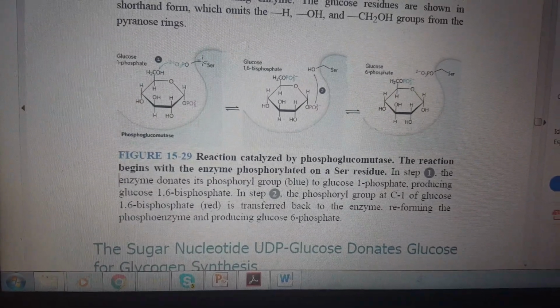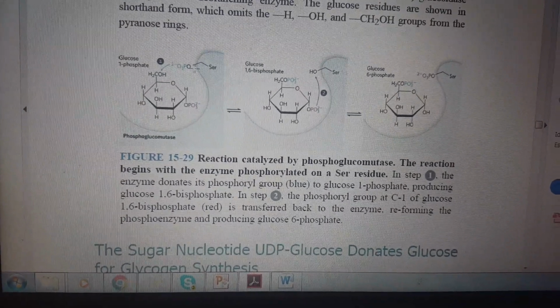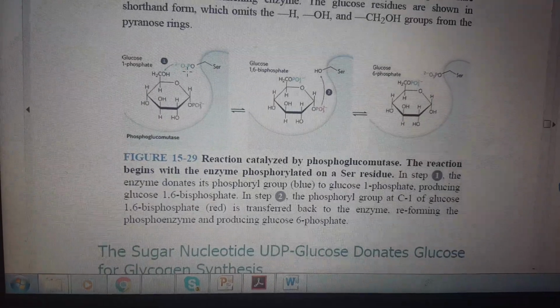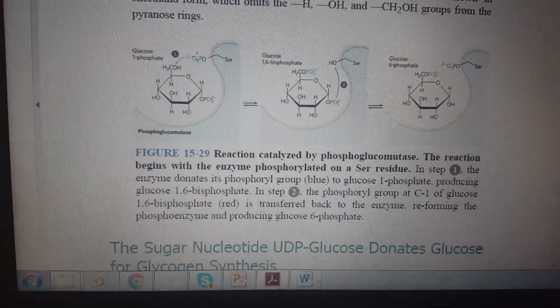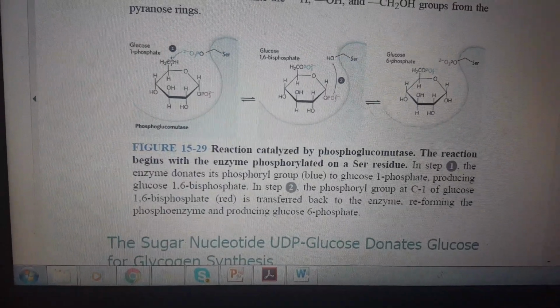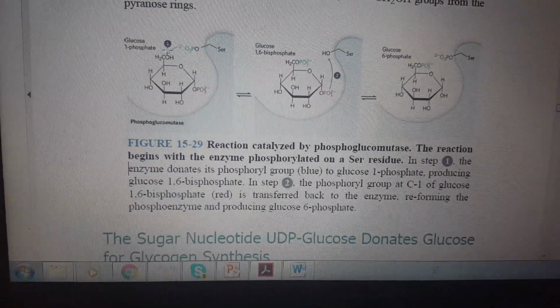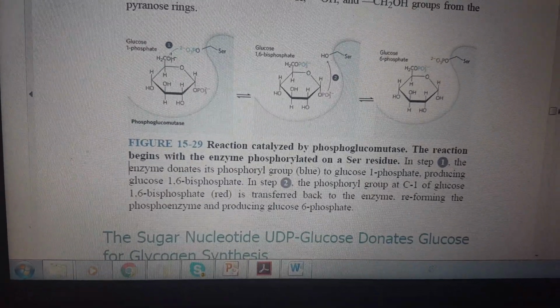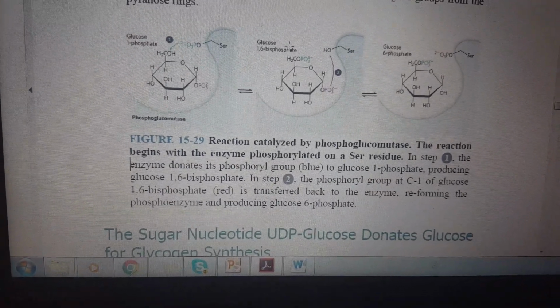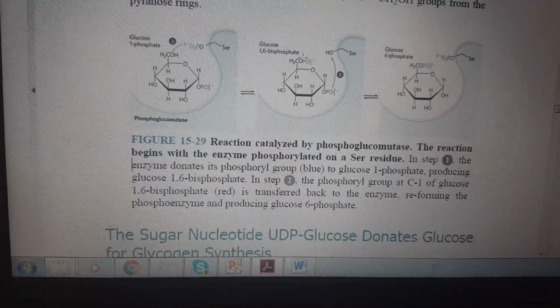It's an enzyme that has a serine residue with a phosphate group. There's going to be a nucleophilic attack on the portion of the pyranose ring of glucose 1-phosphate here, and it's going to be phosphorylated in this portion in blue.